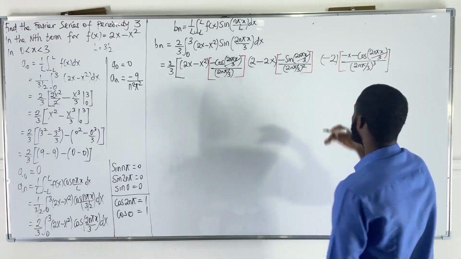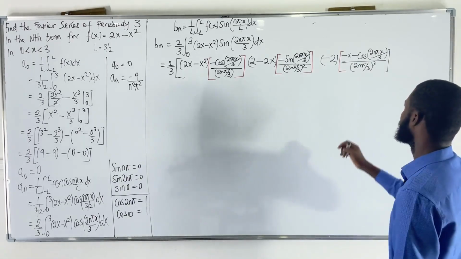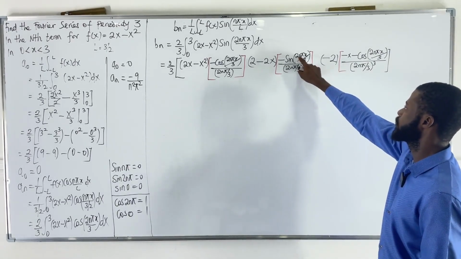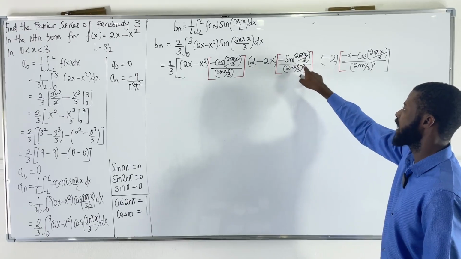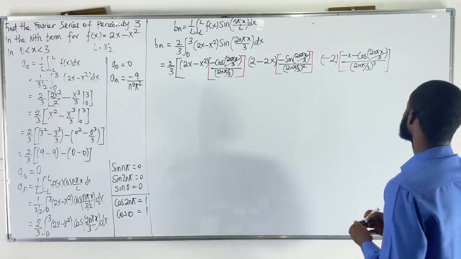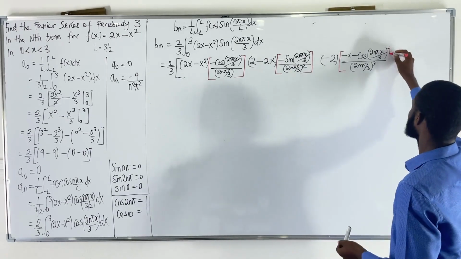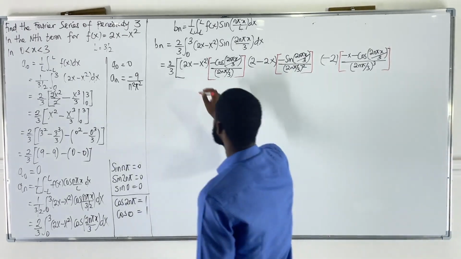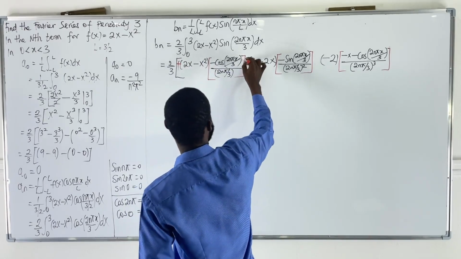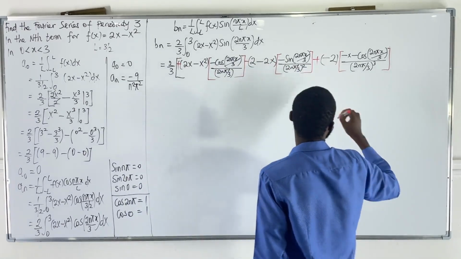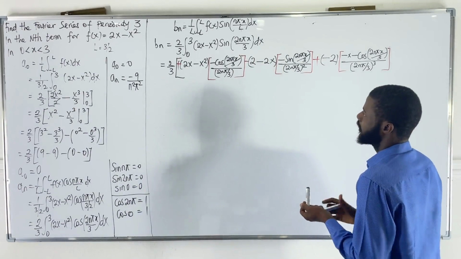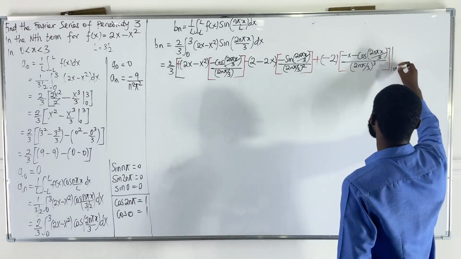I believe by now you know why that's happening: differentiating this angle gives 2n pi over 3, which meets the squared one to make it cubed. So this is what we have. The correct signs are plus, minus, plus, and our interval is from 0 to 3.